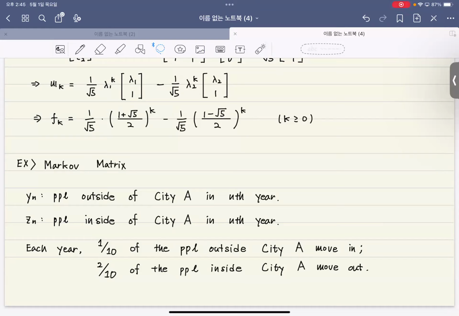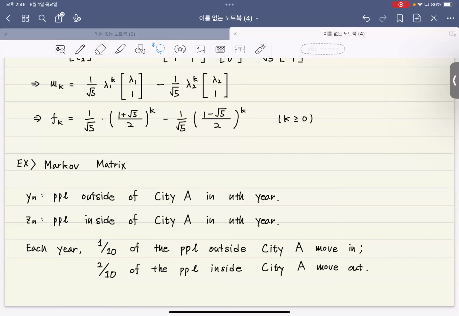I have a city, which I'm going to call city A. Yn is the number of people living outside of city A in the nth year, and Zn is the number of people living inside of city A in the nth year. So these are the populations in or out of city A.